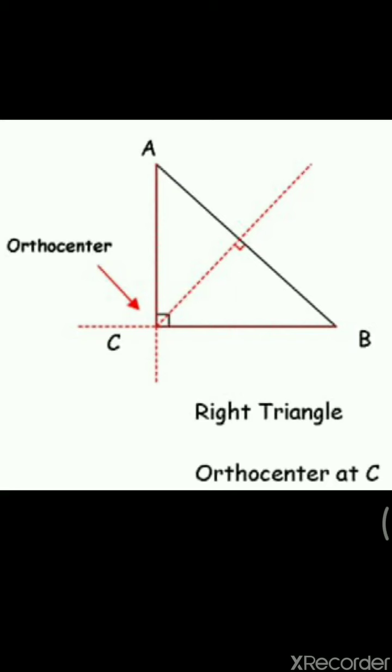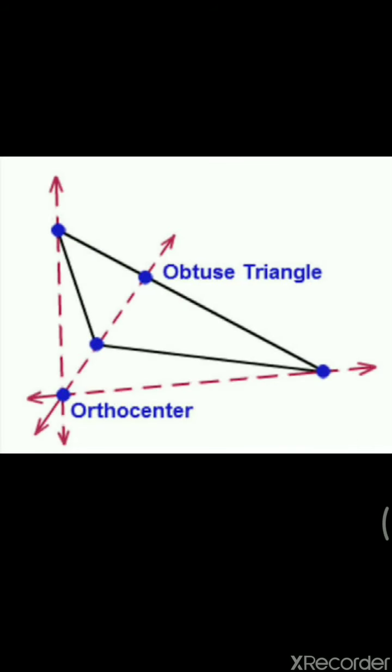Now, let's understand orthocenter of right angle triangle. I already explained these are the two altitudes and this is the third one. These three intersect at this right angle vertex. So, this is the orthocenter of right angle triangle. Now, for obtuse angle triangle, I told you, if you want to draw perpendicular from this vertex to the opposite side, then it will be outside. This is one, and from here you can draw this perpendicular.